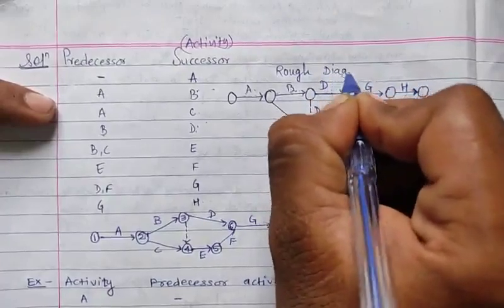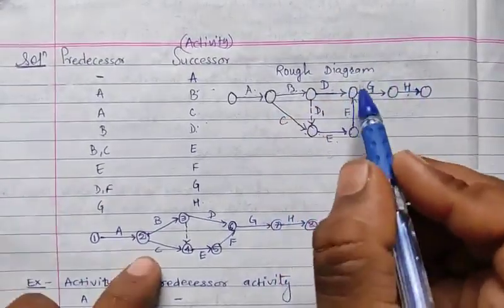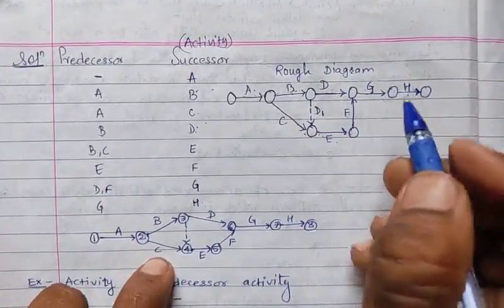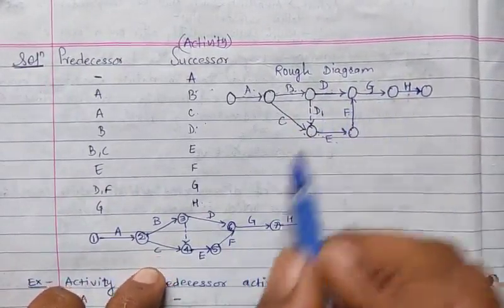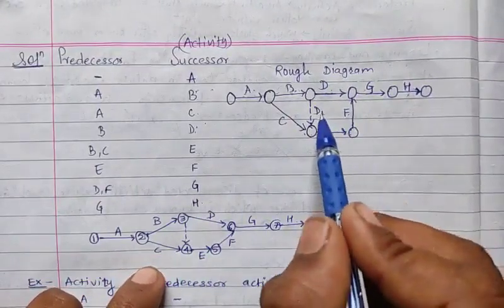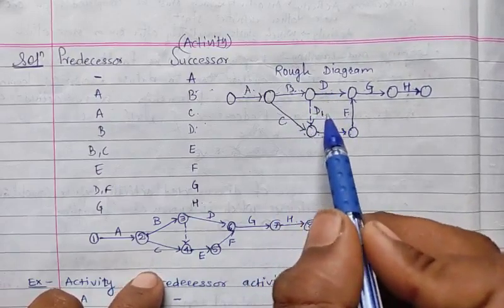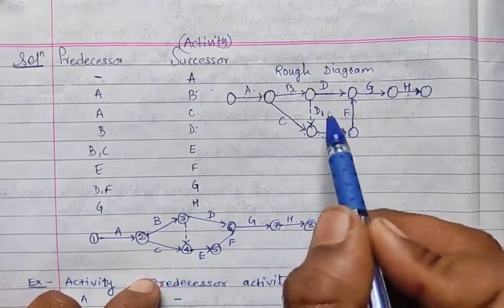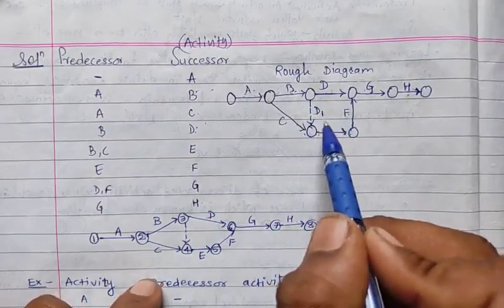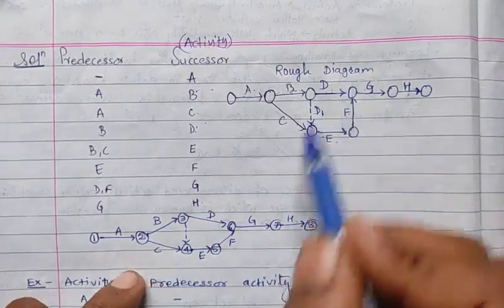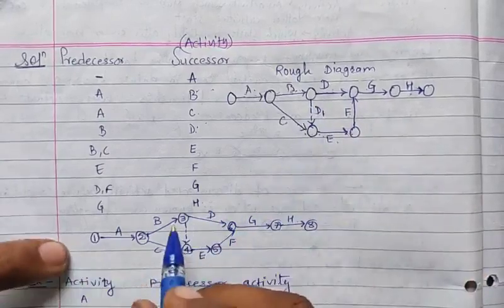From this diagram we will make its final diagram. We want to ensure that, if it is possible, we remove the dummy activity and rearrange this diagram as follows.